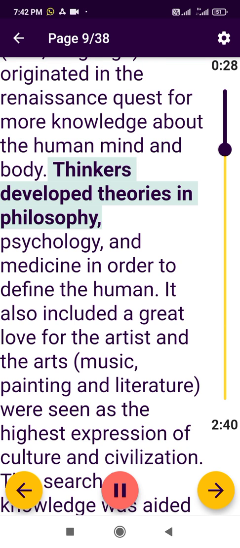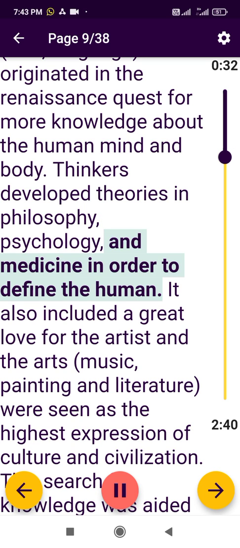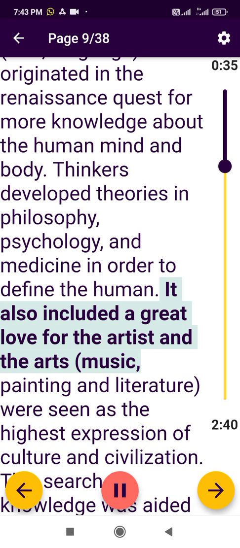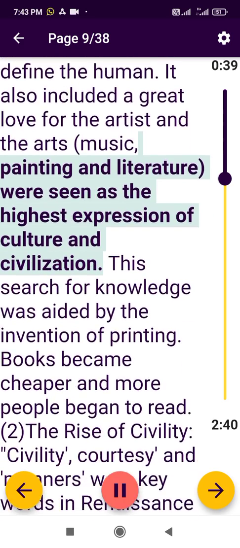Thinkers developed theories in philosophy, psychology, and medicine in order to define the human. It also included a great love for the artist, and the arts, music, painting and literature, was seen as the highest expression of culture and civilization.